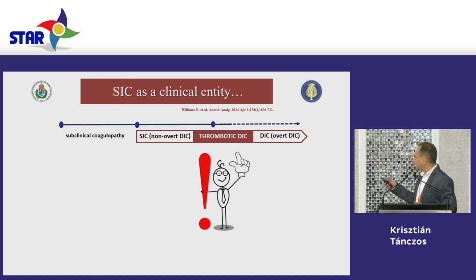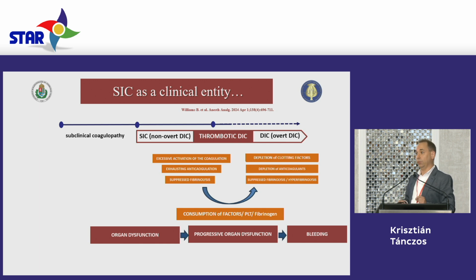So, the clinical significance. Why? Because we need to identify those patients who are in the thrombotic phase of the coagulopathy. These patients present with a progressive organ dysfunction after or despite the resuscitation, together with this excessive activation of the coagulation.